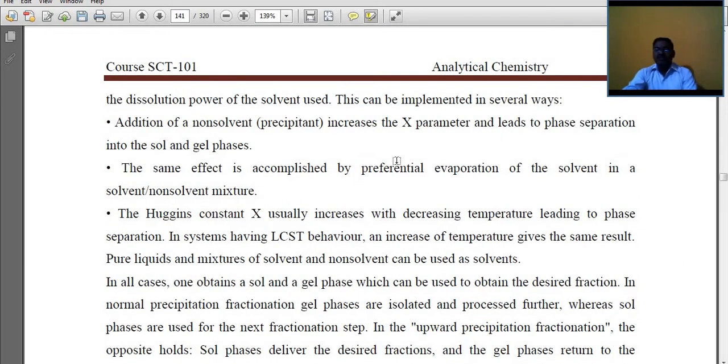Next, what are the implementations of this concept? Addition of non-solvent increases the chi parameter and leads to phase separation into the soluble phases. The same effect is accomplished by preferential evaporation of the solvent in solvent or non-solvent mixtures.